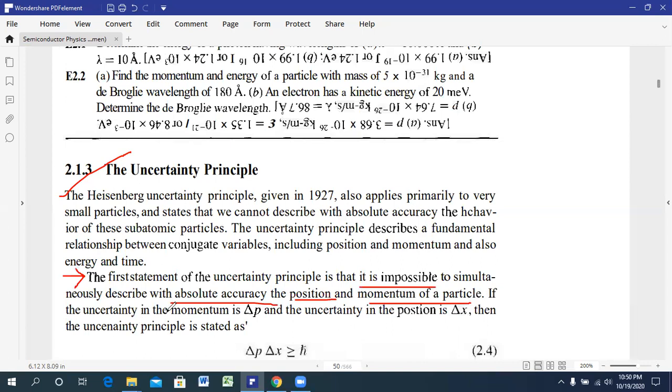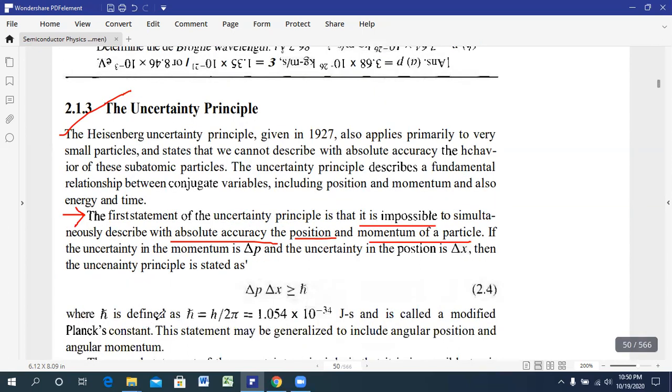If the uncertainty in the momentum is delta p, and the uncertainty in position is delta x, then the first statement of Heisenberg was delta p multiplied by delta x should be greater than or equal to h bar.